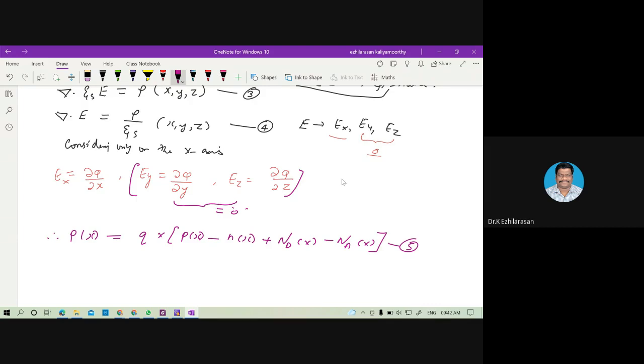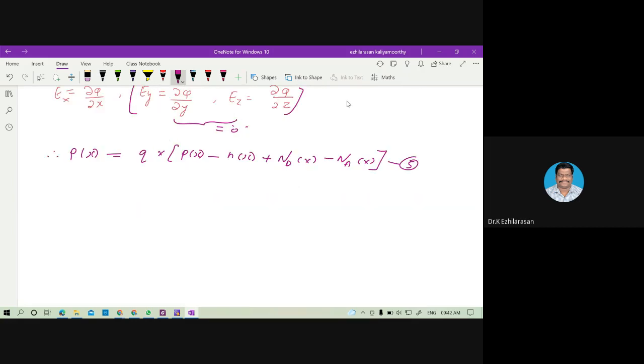Now the previous equation, equation number 4, will be transformed as follows, or we can substitute equation number 5 in 4.